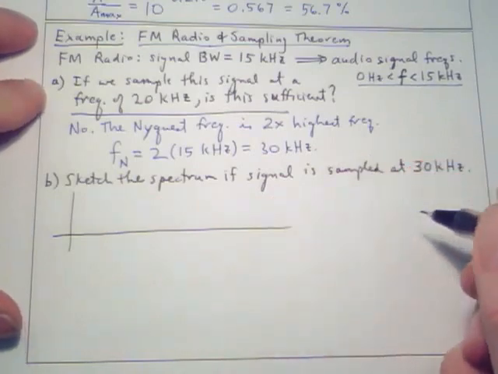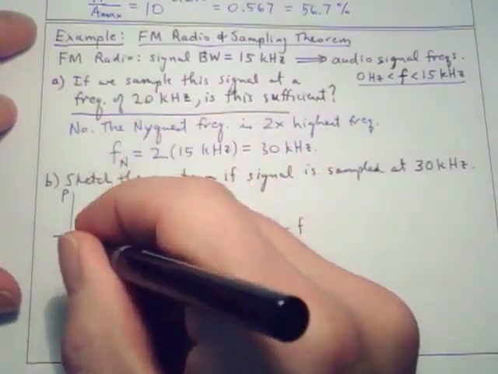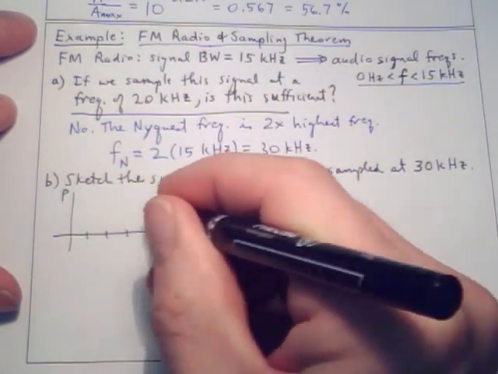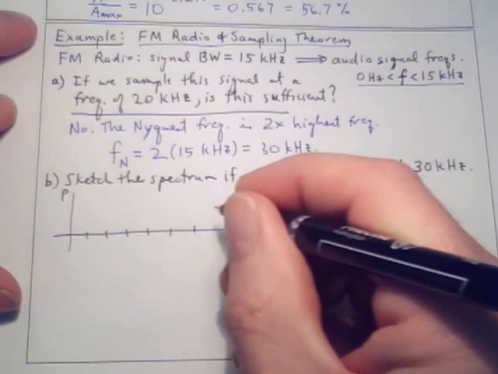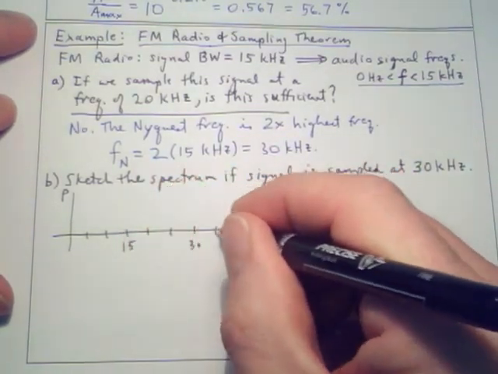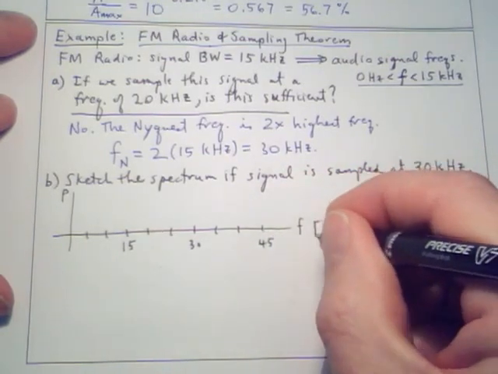I'm going to plot frequency versus power, starting at 0 frequency, and go 5, 10, 15, 20, 25, 30. So here's 15, and here's 30, 35, 40, 45 kilohertz.